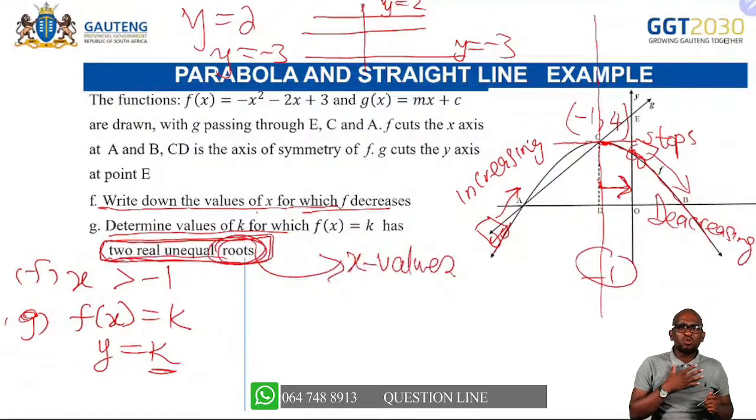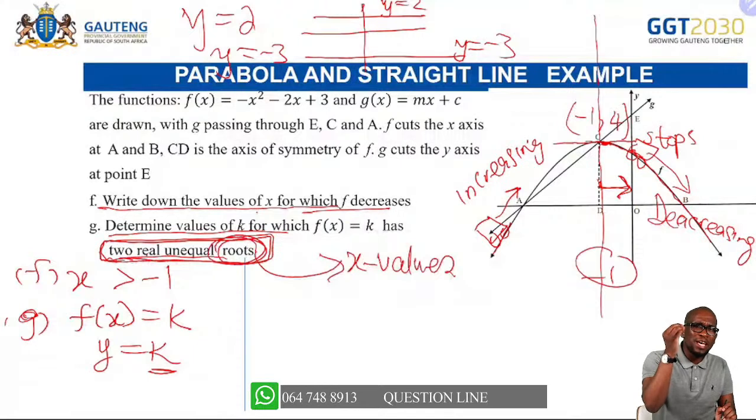So the question is actually saying, in actual terms, draw a horizontal line on the graph, and find where the graph would have two real x values, two unequal x values, because we said roots are x values.